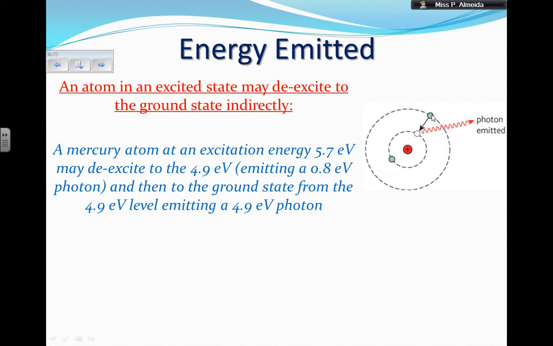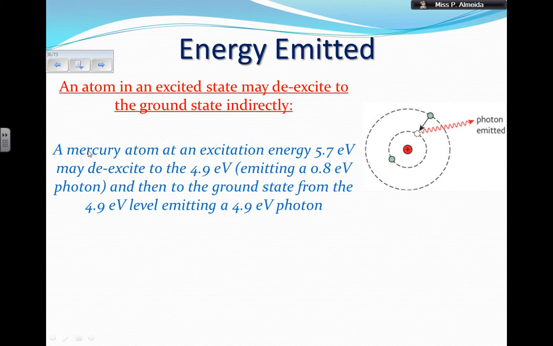It could either go straight from the second shell to the ground state, or imagine that instead of the second shell it was in the fourth shell. It could go from the fourth directly to the ground state, or fourth to shell number 3, number 2, and then number 1, or any other way. It could go step by step or directly into the ground state, okay?